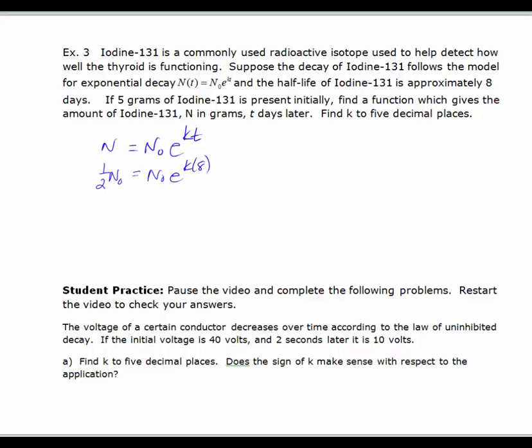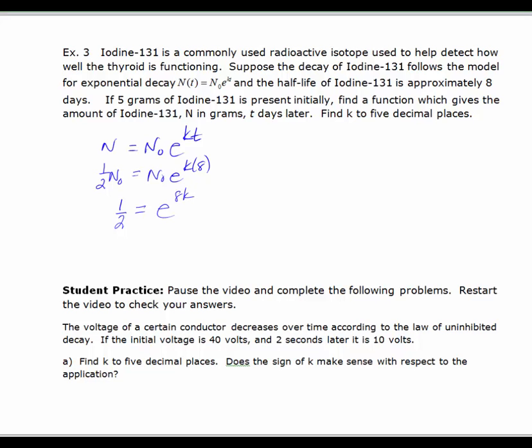So if I have n sub 0, then I'll have half of n sub 0, e to the k times 8. Right? Now, when we talked about money and investing in compound interest, we didn't have to write the initial value and then half of that. We could have had 5 and then half of 5, or 10 and then half of 10. But just generically, what's going to happen is 1/2 is equal to e to the 8k.